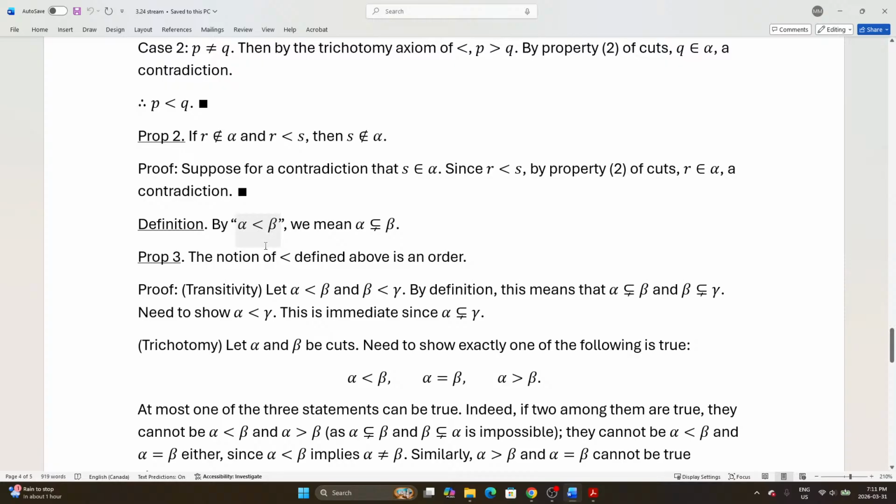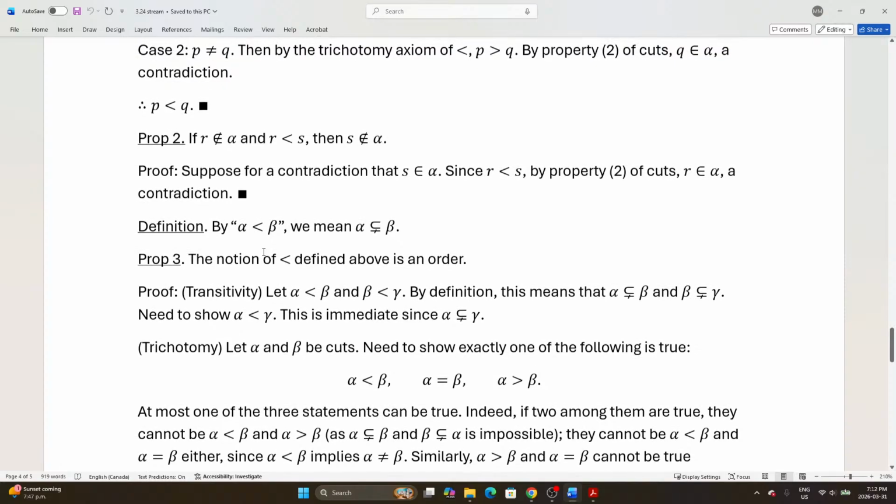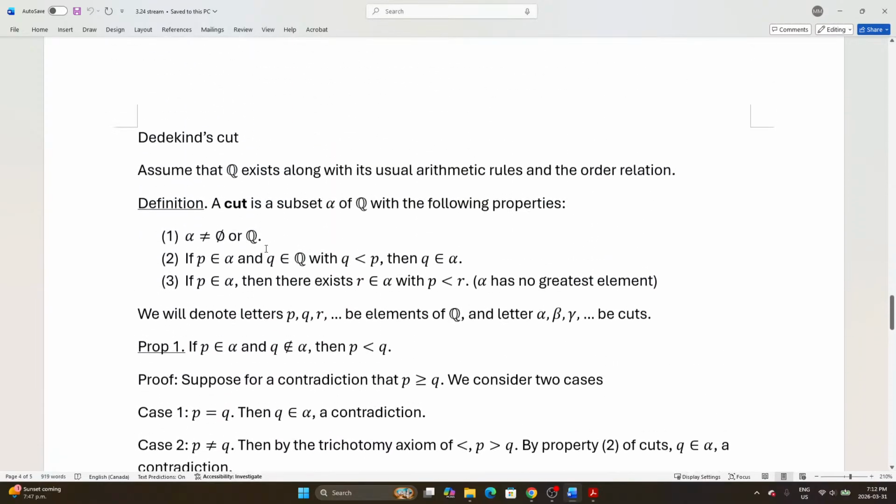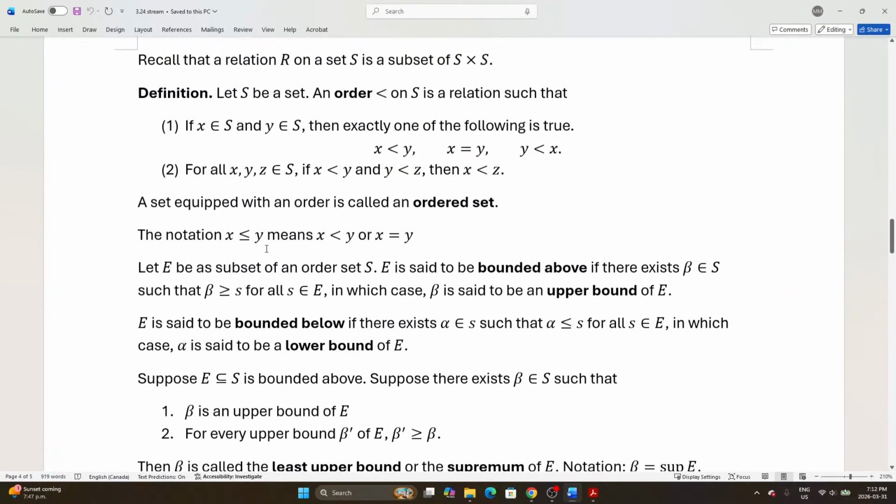In order to be an order relation, we defined what a general order relation needs to satisfy, namely these two properties. These are the order axioms. This is actually a total order, since we're dealing with reals here. We're always talking about total orders. We just defined a concrete order between cuts, so we need to verify that it is actually a bona fide order.